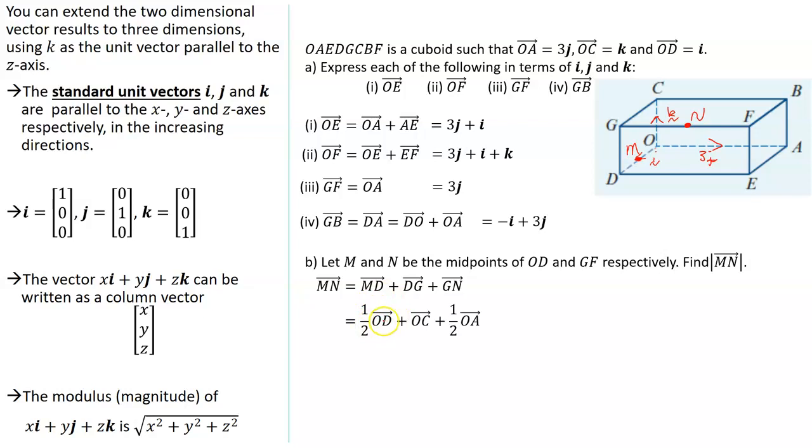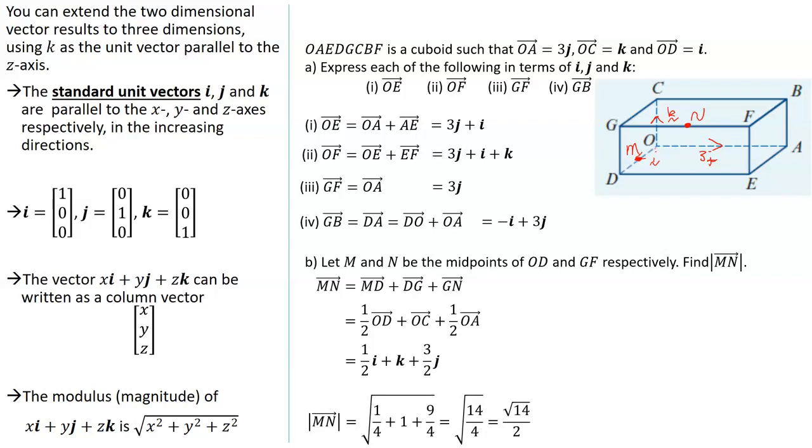OD is i, OC, which is the same as DG, is k, and OA is 3j. Now, to find the magnitude, I use Pythagoras' theorem. So the square root of a half squared plus 1 squared plus 3 over 2 squared, which is root 14 over 2.